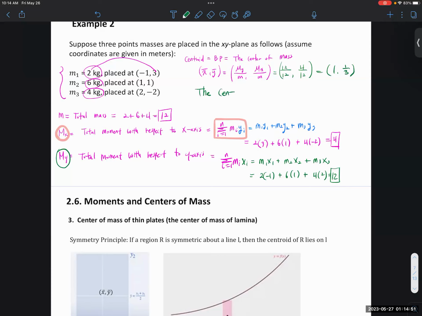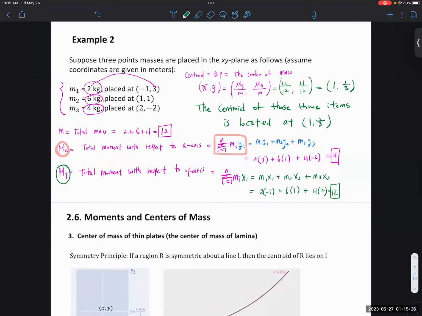The centroid of those 3 items is located where? At 1 comma 1 over 3. That's your balancing point, centroid.